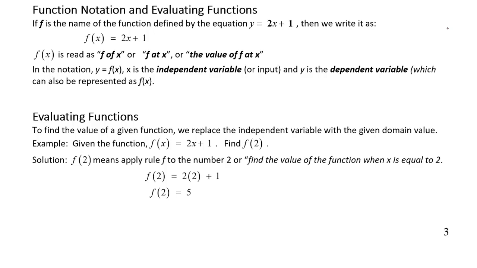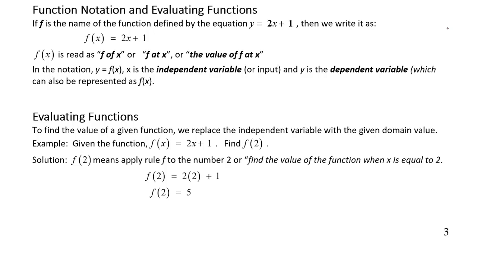This is because y is considered to be similar to the range of a function f of x, and it's based on whether you're graphing it in your calculator or if you're thinking about it as a substitution method or rule. f of x is read as f of x or f at x, or the value of f at x. In the notation, y equals f of x.